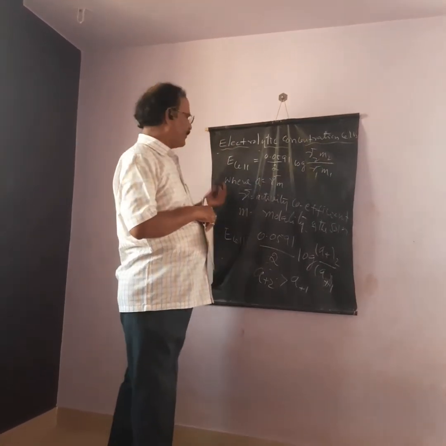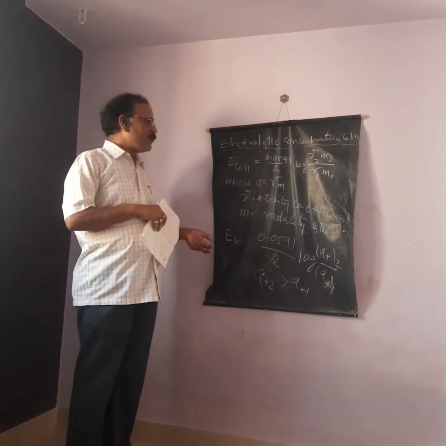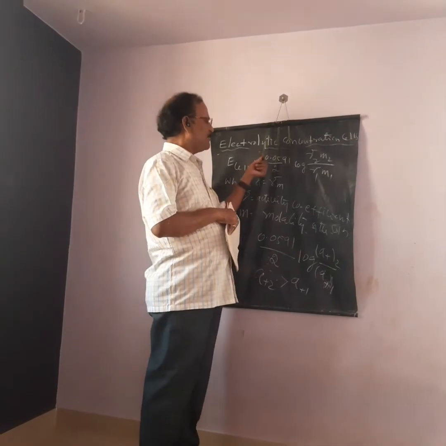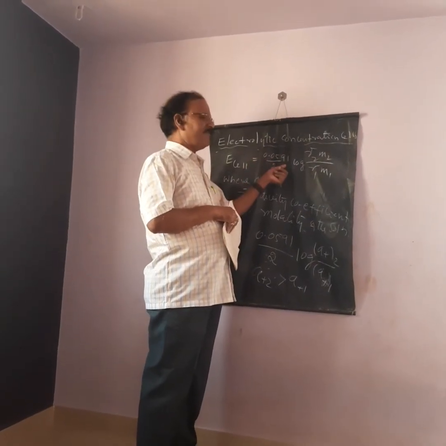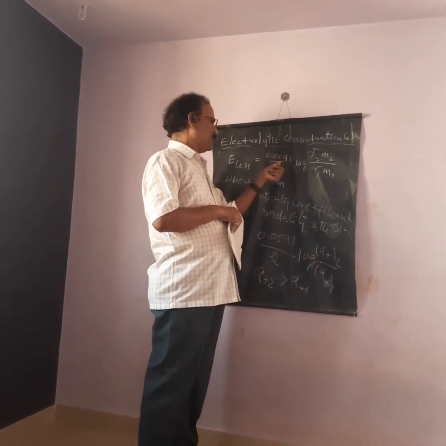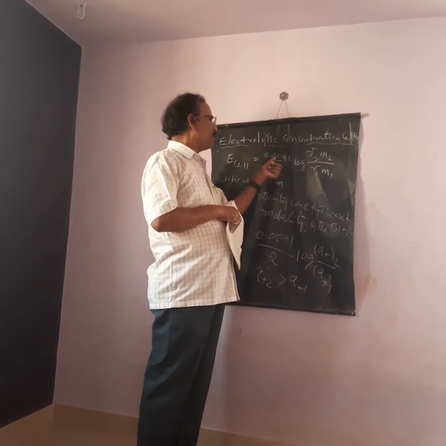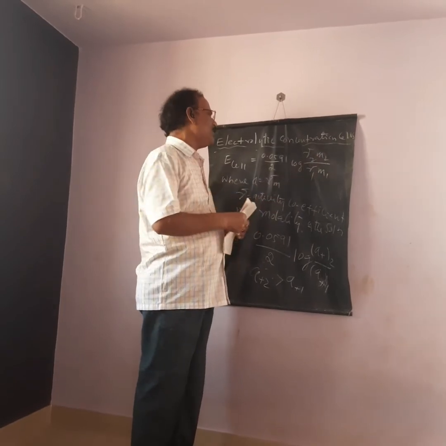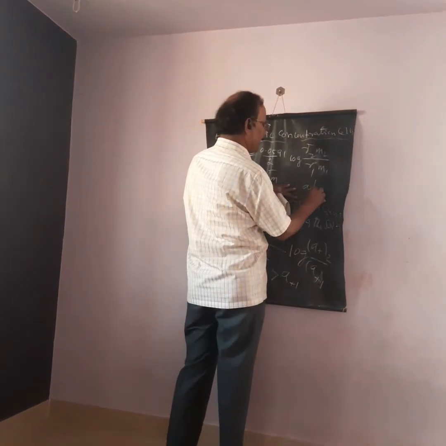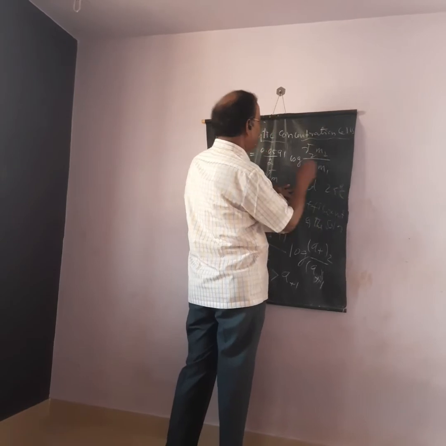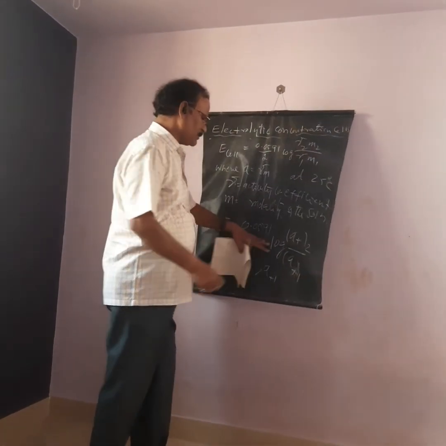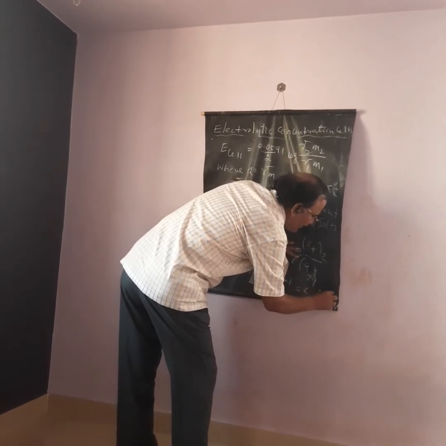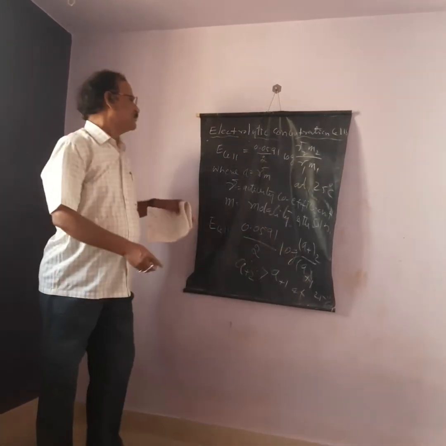So in terms of activity coefficient and molality, the EMF of the cell is given by the same 2.303 RT by nF. 2.303 RT by F gives the value of 0.0591 into log gamma 2 m2 by gamma 1 m1 at 25 degrees centigrade. So this equation, when the temperature is a normal temperature, is at 25 degrees centigrade. Here also it is at 25 degrees centigrade.